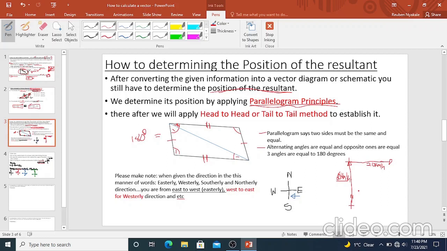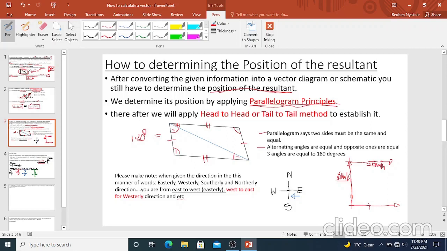It then means this side should be the same and equal as this side. He's heading which direction? East. Including this one, it must point east, to show that this side is the same and equal as this one.